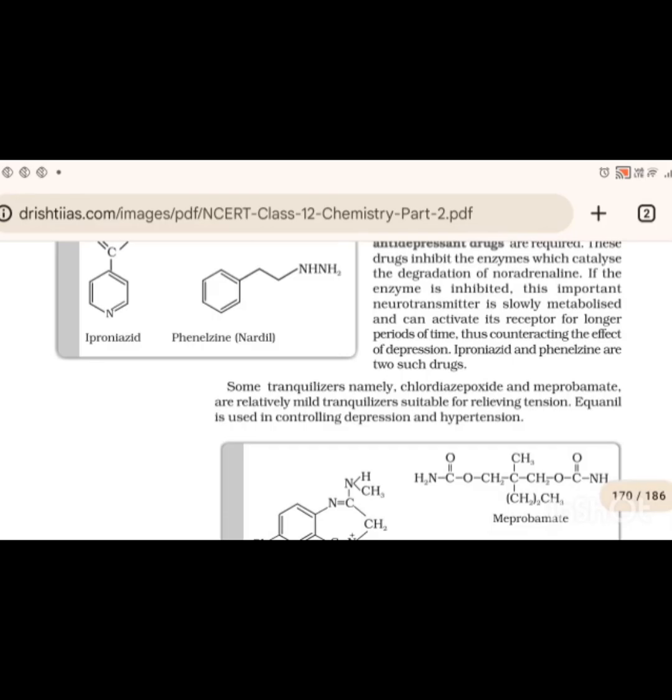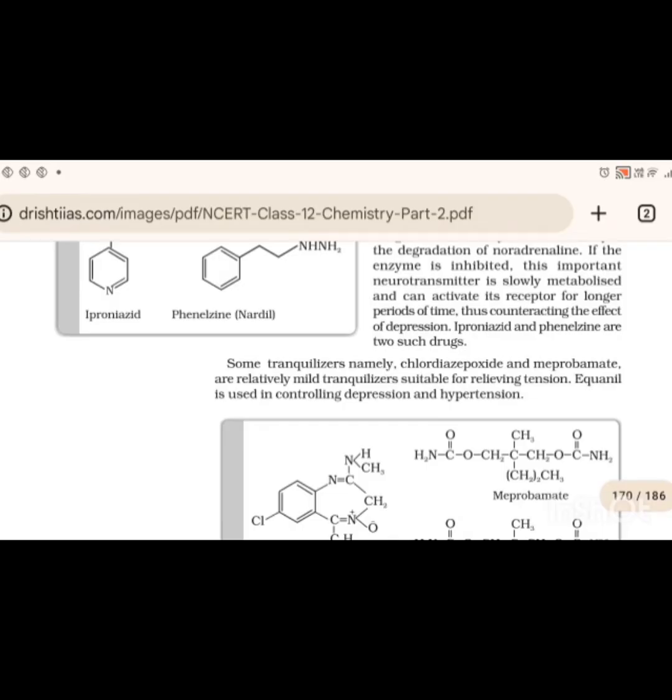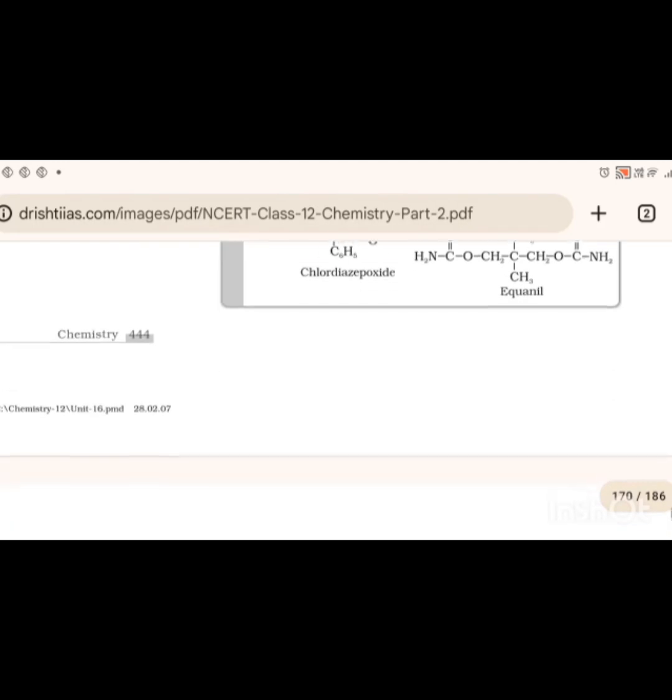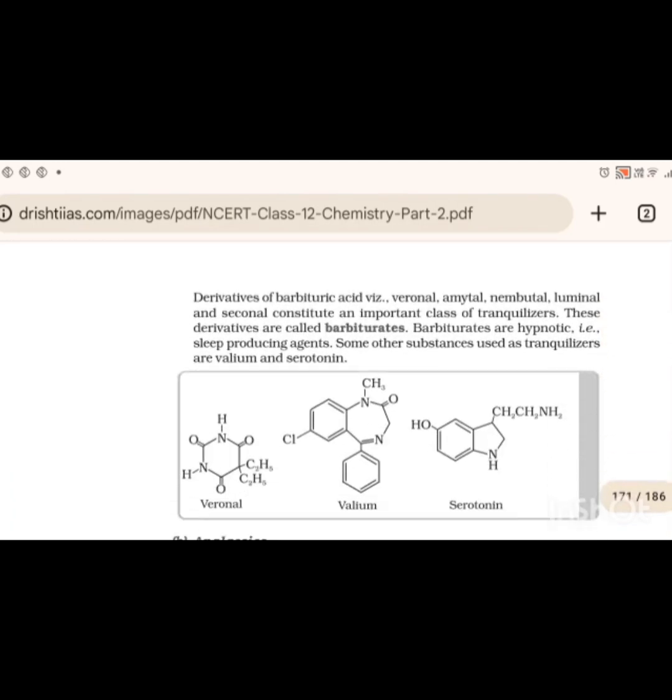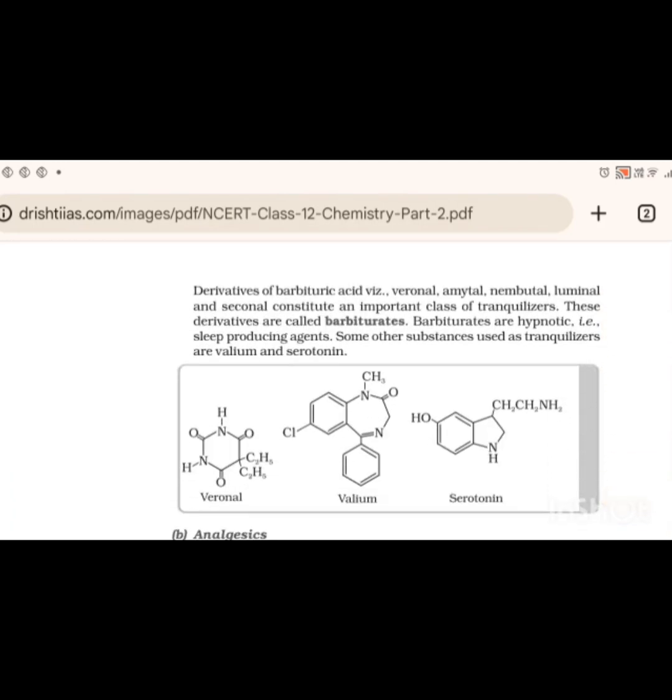Some tranquilizers are relatively mild and suitable for relieving tension. Equanil is used in controlling depression and hypertension. Derivatives of barbituric acid like veronal, amytal, nembutal, luminal and seconal constitute an important class of tranquilizers.